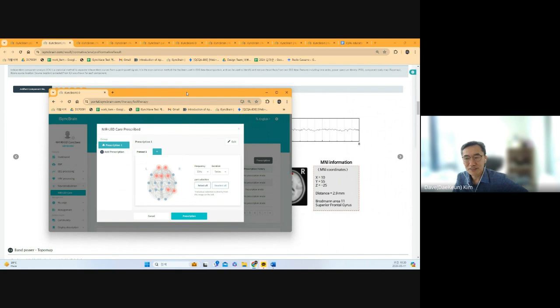That's how we can try QEEG-guided photobiomodulation or QEEG-guided TMS: finding the location using the QEEG scan and choosing the frequency, and through communication with the patient about their feeling and progress, we can slightly tune the frequency up and down.